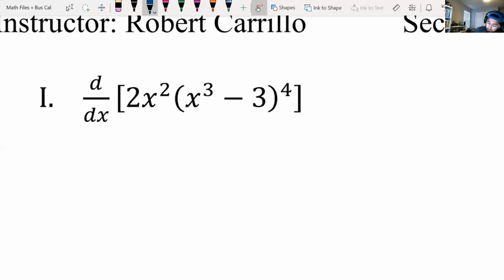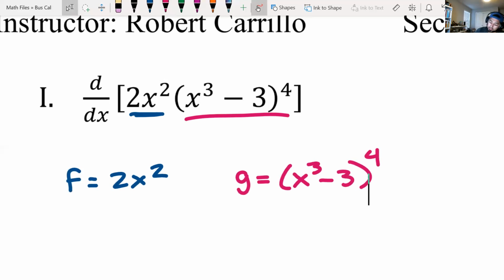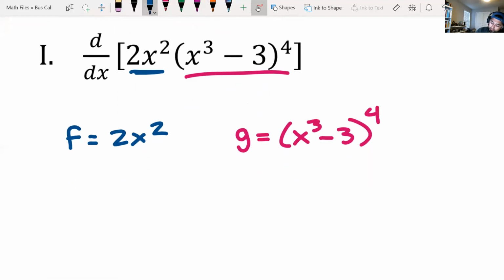So when we do product rule, 2x squared is going to be f. And then g is going to be (x cubed minus 3) to the 4th. And then we will take the derivative of f, which is 4x.